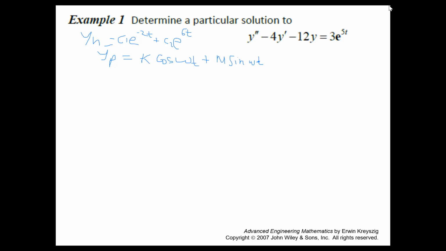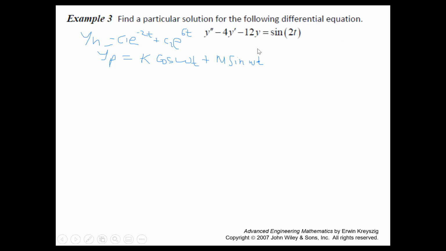What we need to do to solve for YP, because we already have the solution for YH, is this. The omega in this case is 2t over here. So this will be your choice of solution.